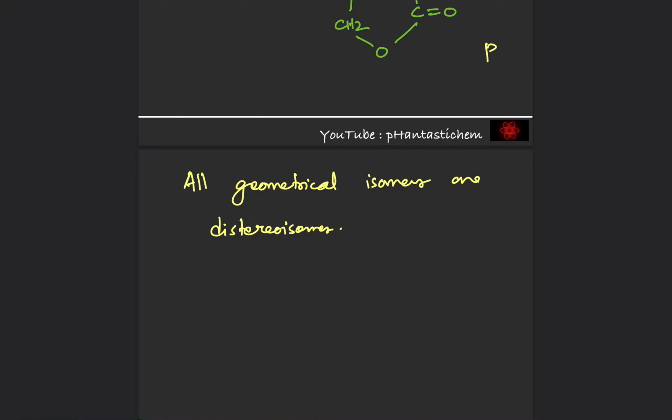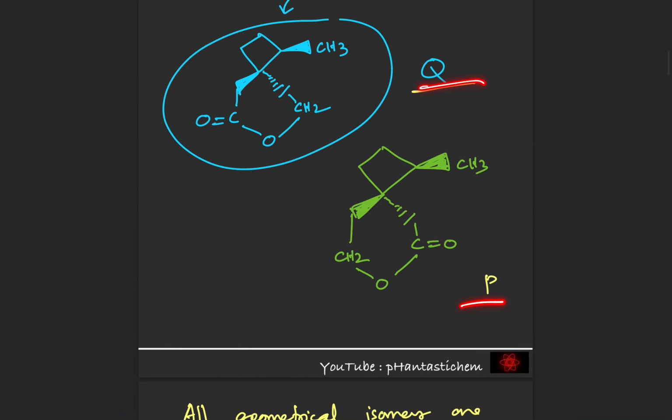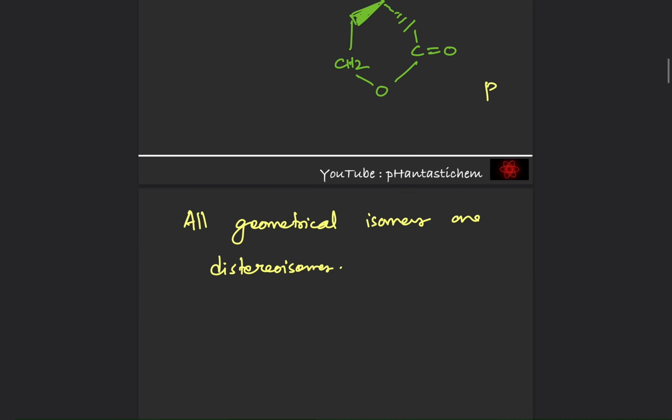That's because they are not mirror images of one another. Okay, so if you look at Q and P, they don't have any mirror image relationship with each other. So therefore, yes, Q and P are stereoisomers, and to be specific, they are geometrical isomers, and all the geometrical isomers are diastereomers. So therefore, P and Q are diastereomers.